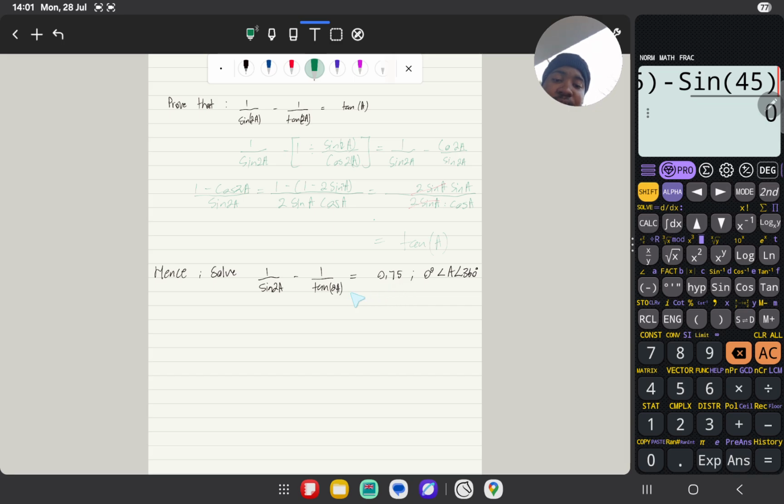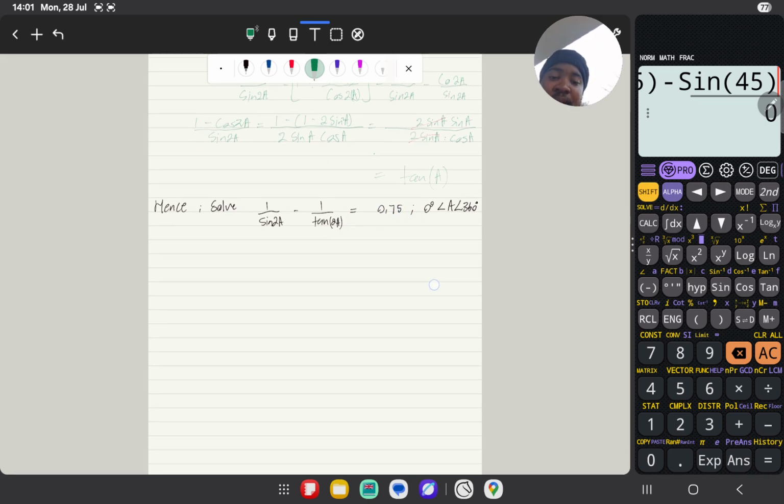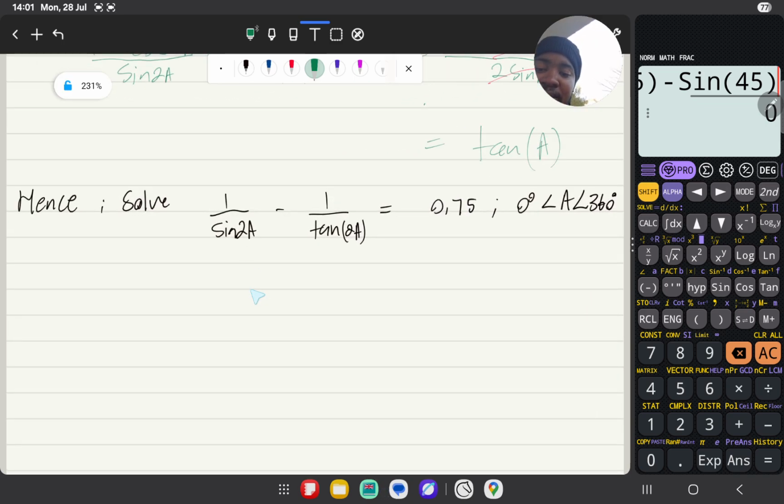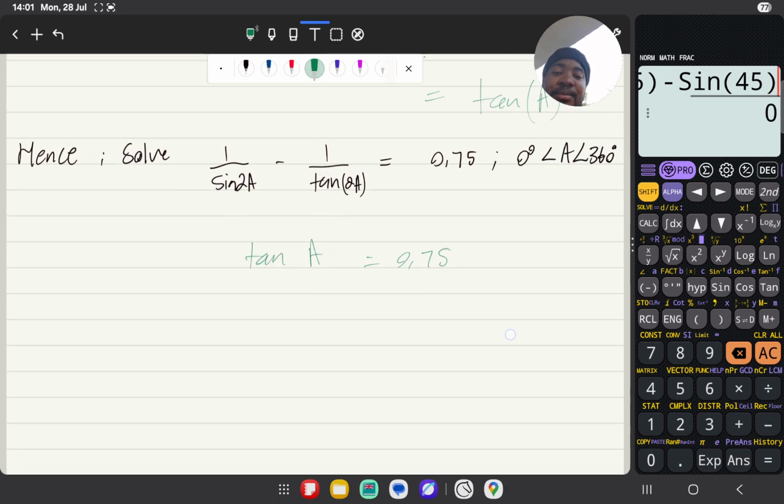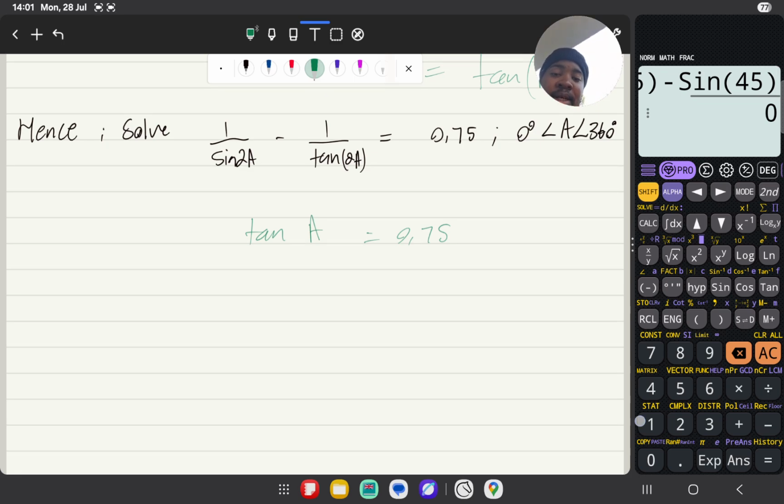And now they say hence solve for this. So we can now say that from here we go to tan a equals 0.75. Here there's no rule that says without a calculator, so we're just going to use a calculator.